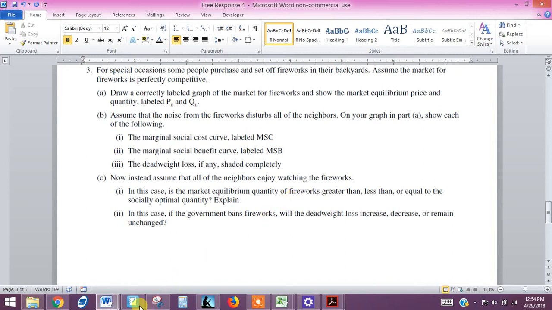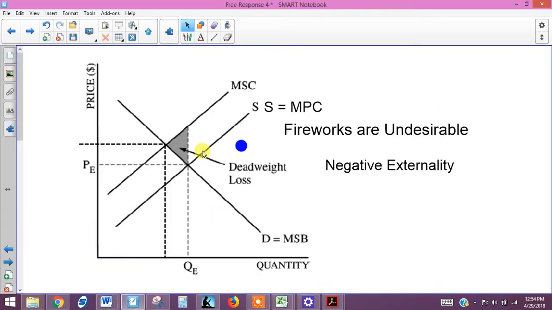So in the negative externality, we have a higher cost curve. The marginal social cost is higher than the marginal private cost. And that's when fireworks are undesirable and it's a negative externality.